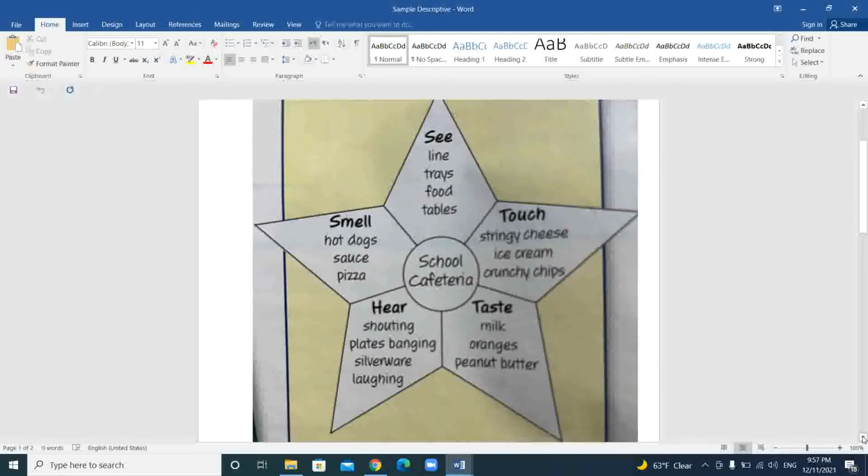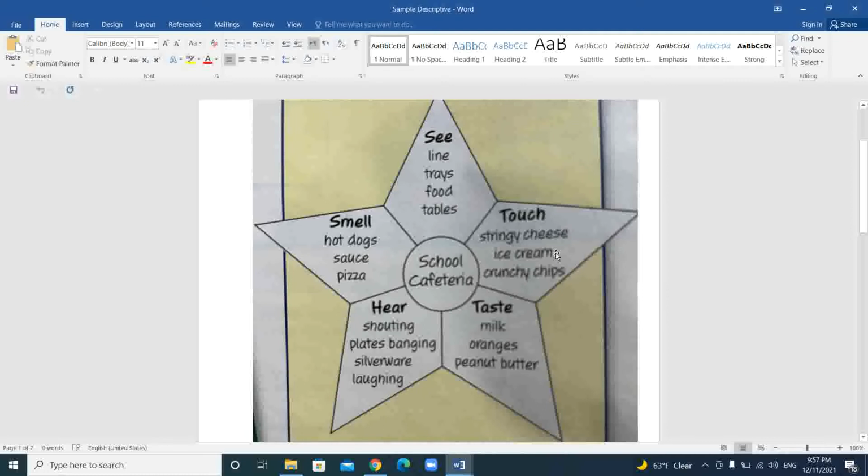Here, the person was describing the school cafeteria. We don't have a school cafeteria, but this person was describing her school cafeteria. Okay, under each sense, she wrote a few. She sees lines, students standing in lines, carrying trays, for example. She sees different types of food, people sitting on tables.